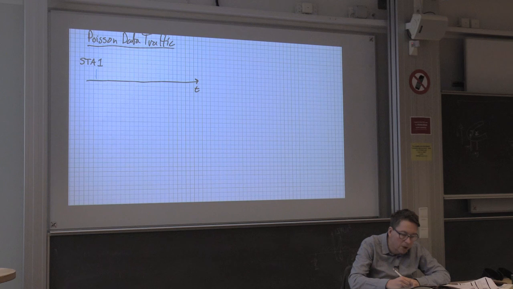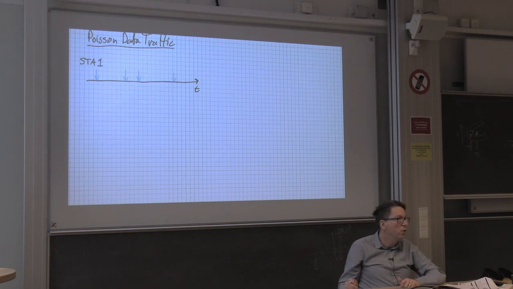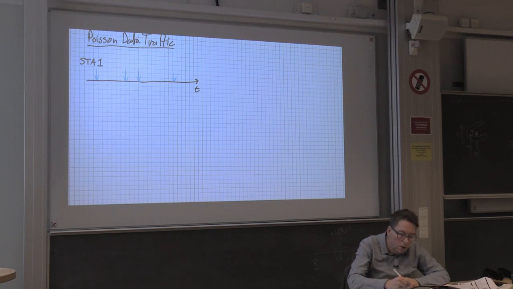The first request might be here, the second here, the third here, and then the fourth here. It occurs at some times. So these are frame transmission requests.